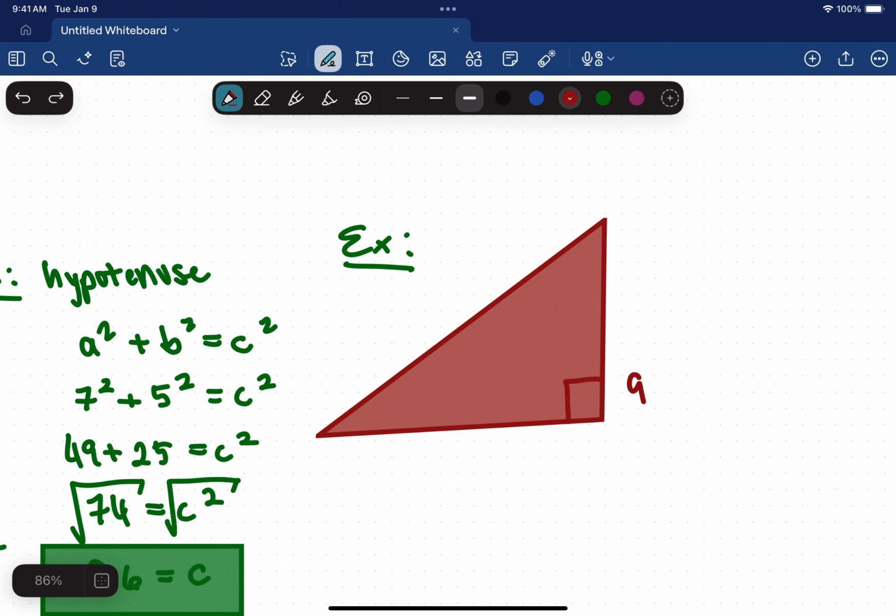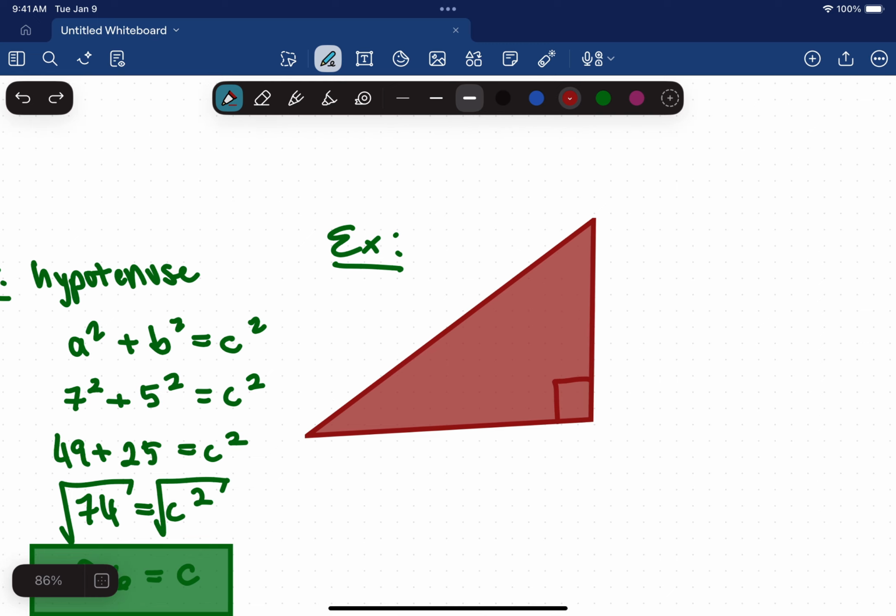This is a right triangle. Now, we're given 10, and the hypotenuse we're given 20. And now we're just trying to find one of the sides. Now just remember, this could be A, this could be B, but this can also be B, and this could also be A.